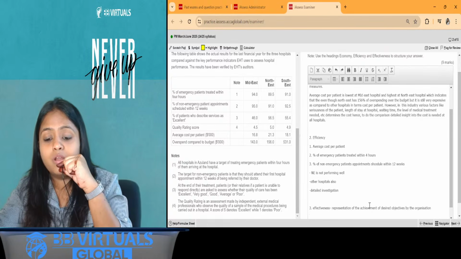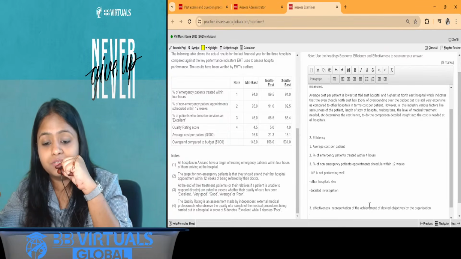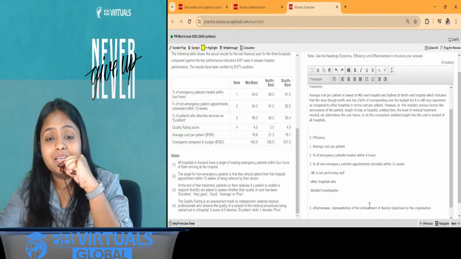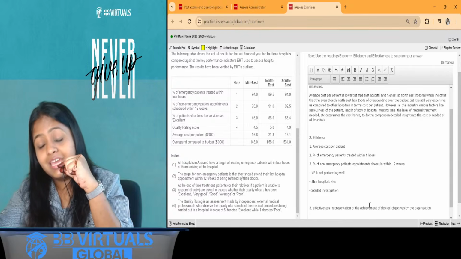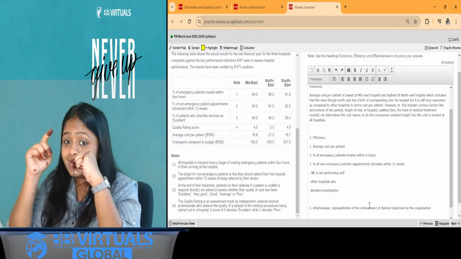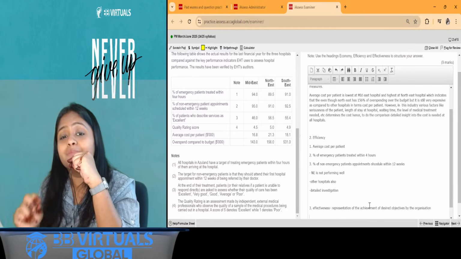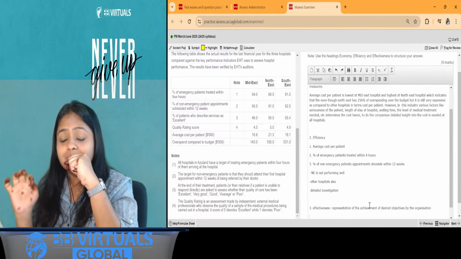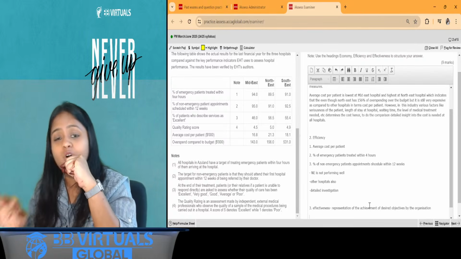Now quality rating score is lowest in Mid East. So we find its efficiency levels are highest, but its effectiveness is lowest. Here it represents that there is a missing point when it comes to balancing, that all the three E's are not balanced in this hospital.